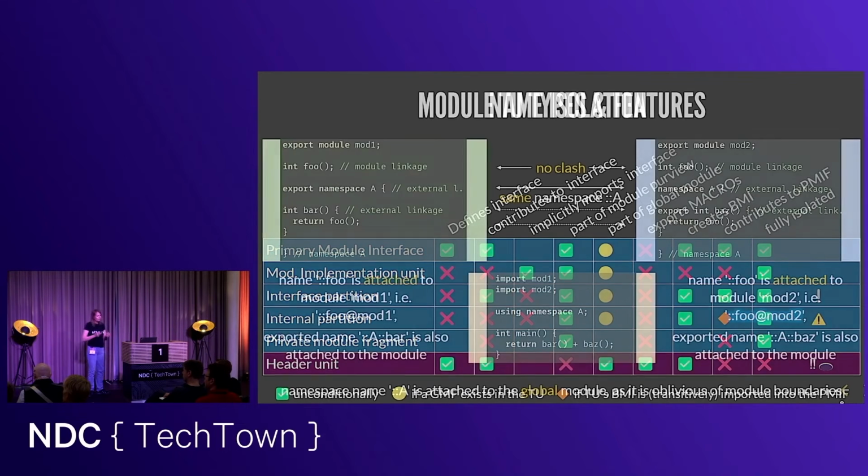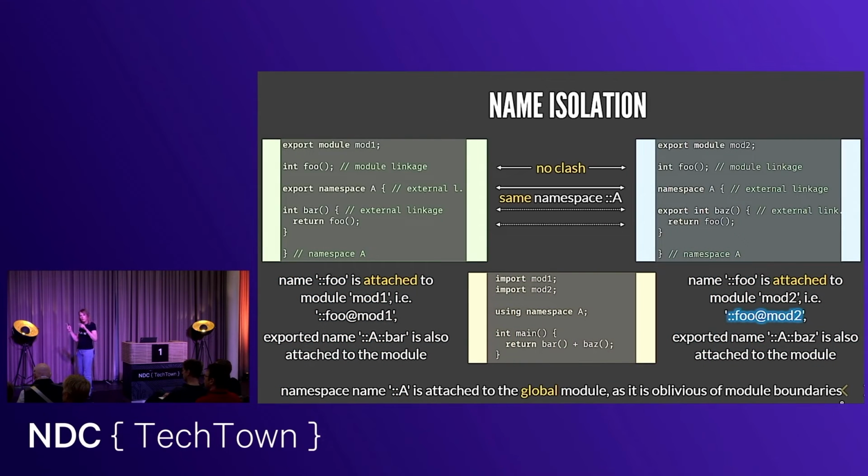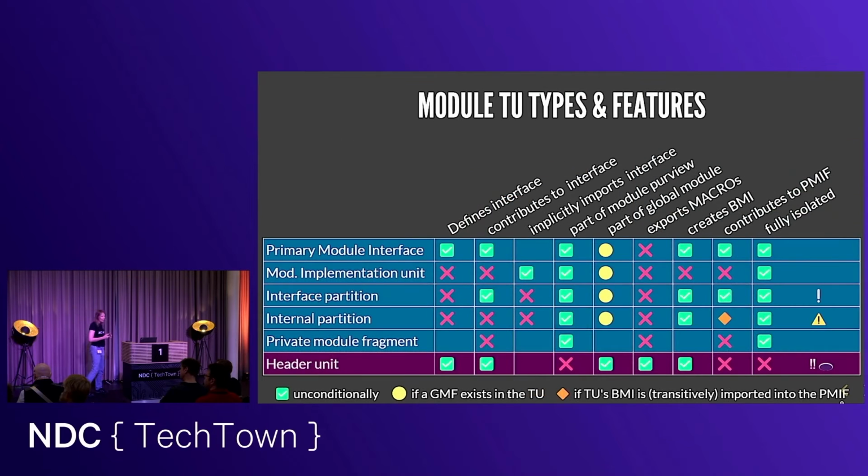And this is the same for all names that are part of the module purview. This is the difference that I've been alluding to. All names in the purview of a module are attached to this module. So they are not attached to the global module.